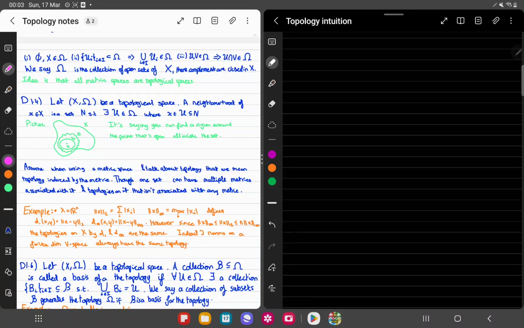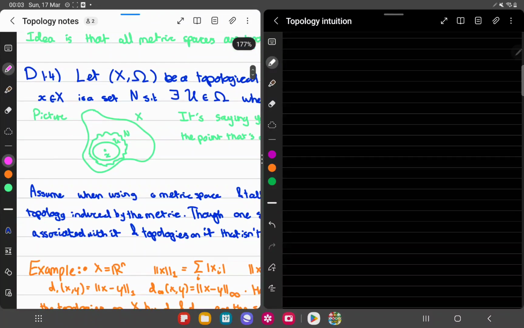A neighborhood of x is a set N such that there exists U in the topology where x is in U and U lies inside of N. It might be a bit tricky to read, but what it's saying is that a set N is a neighborhood if it surrounds x, in the sense that you can take an open set around x that lies in N.